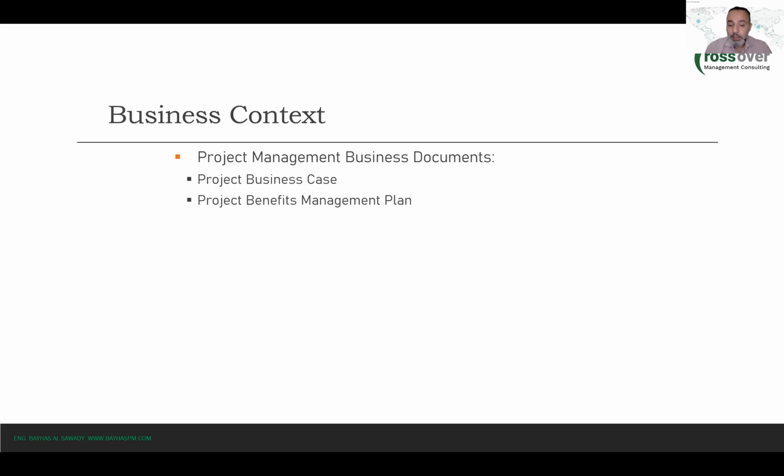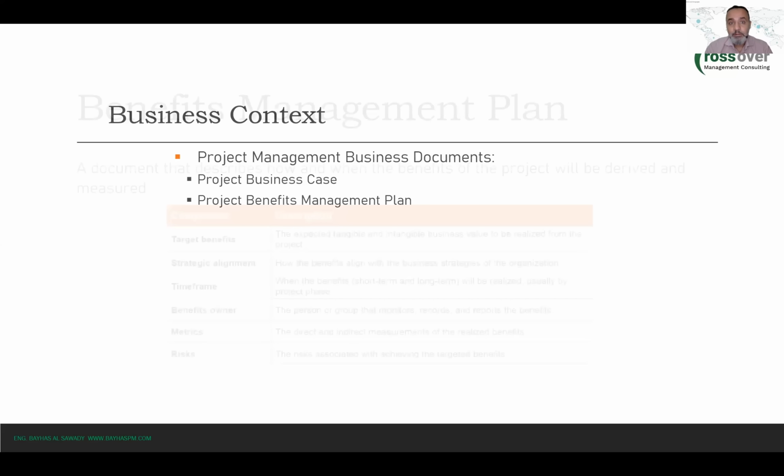So they are not created as a part of the project. No, they are created before the project, and they are created by the business or the business analysts. And the reason is, again, to give a recommendation of go or no go for the project, right? So we mentioned basically the business case, or specifically the business case and the benefits management plan.